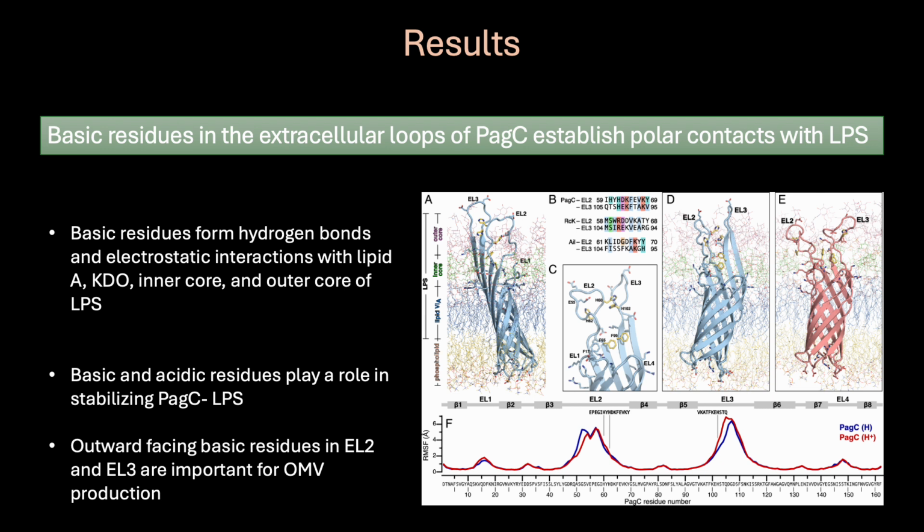And they did have a supplementary figure showing this. However, I was not able to get it, unfortunately. Together, these interactions help form and stabilize the PAC-C LPS assembly, which could affect membrane remodeling and ultimately OMV production. Therefore, basic residues in the extracellular loops of PAC-C establish polar contacts with LPS and are important for OMV production.